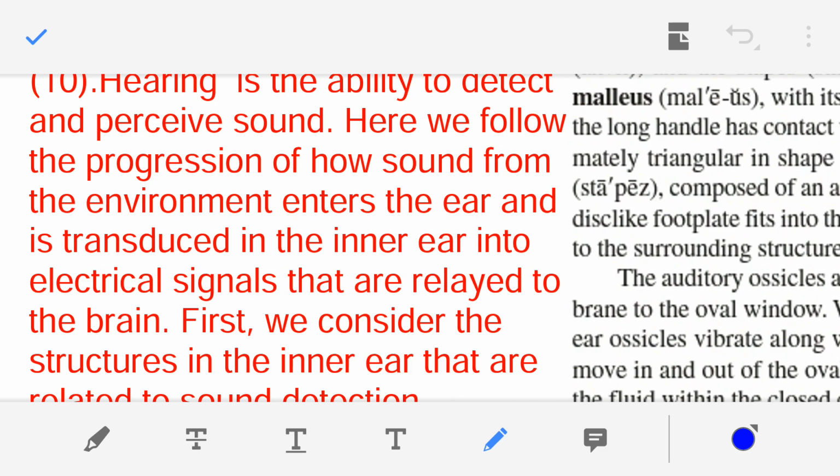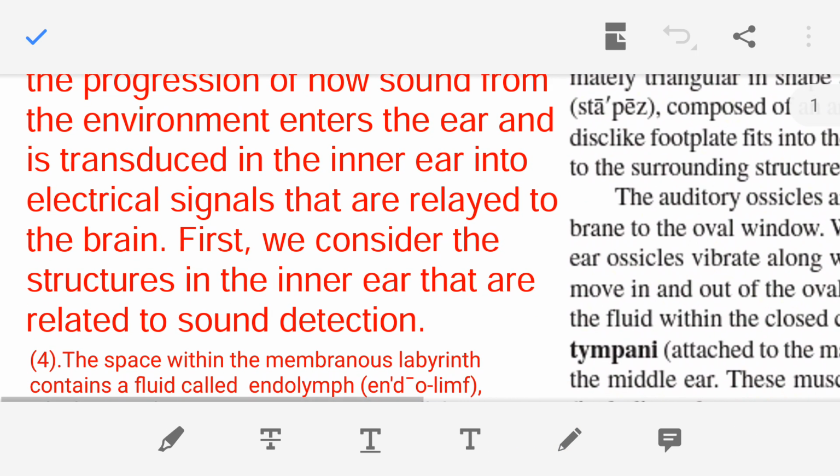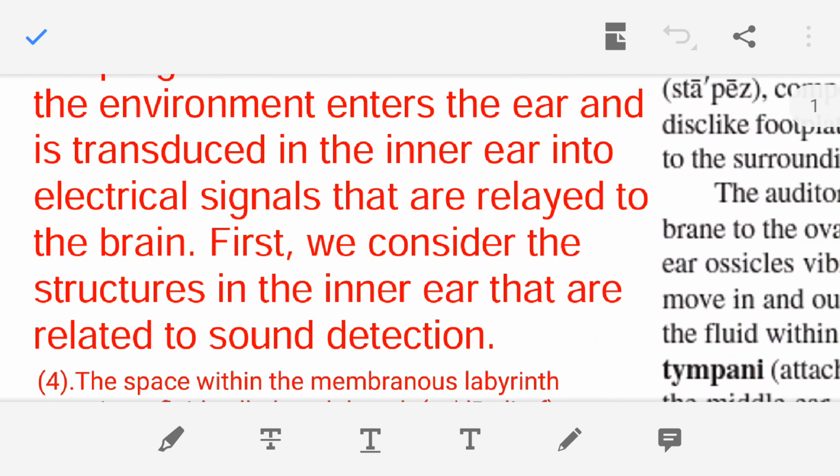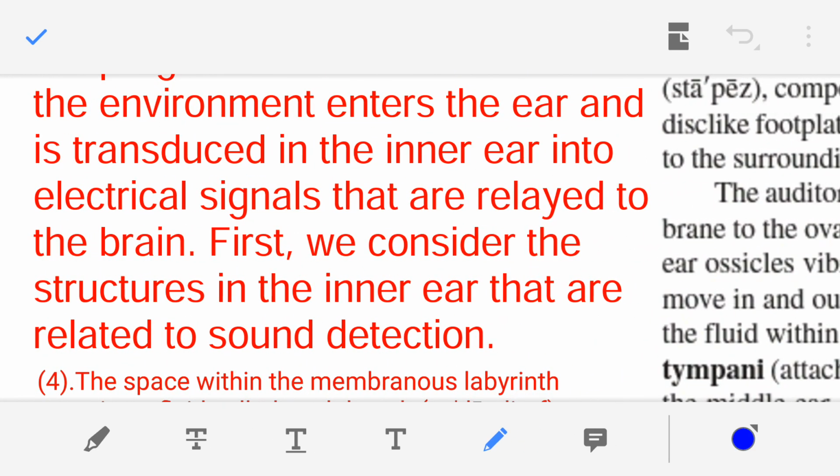The inner ear is filled with fluid, and the wave propagating in the fluid of the inner ear generates pressure. As the fluid inside the inner ear is pressurized, this pressure is experienced by the receptor.